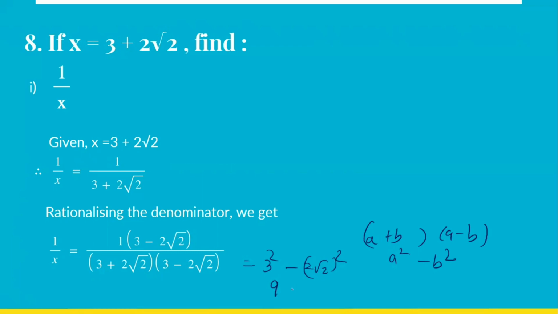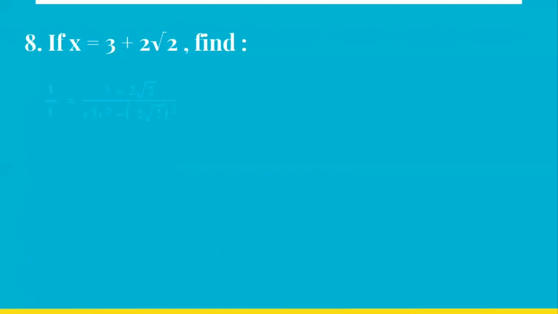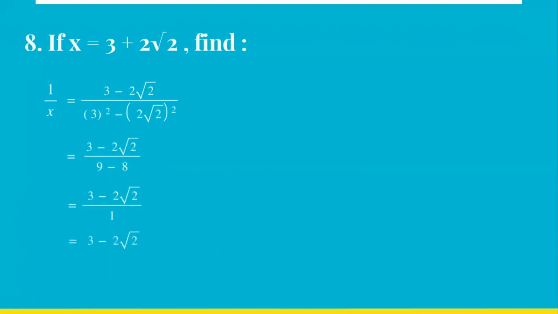So when we are rationalizing this denominator, finally we are getting the denominator as 9 minus 8, which is 1. So our final answer is 3 minus 2 root 2. So the first value, that is 1 upon x, we have got as 3 minus 2 root 2.